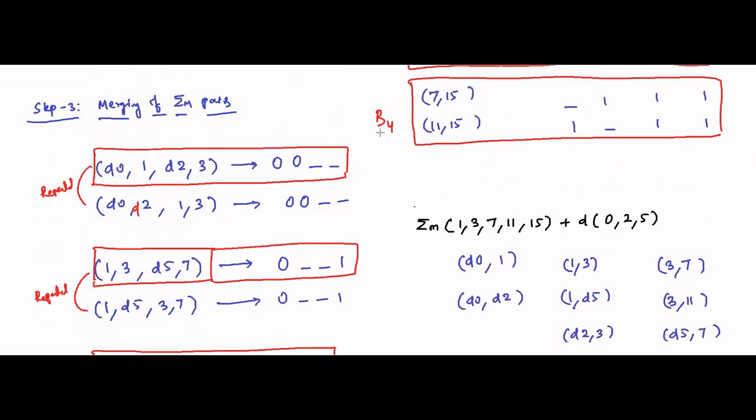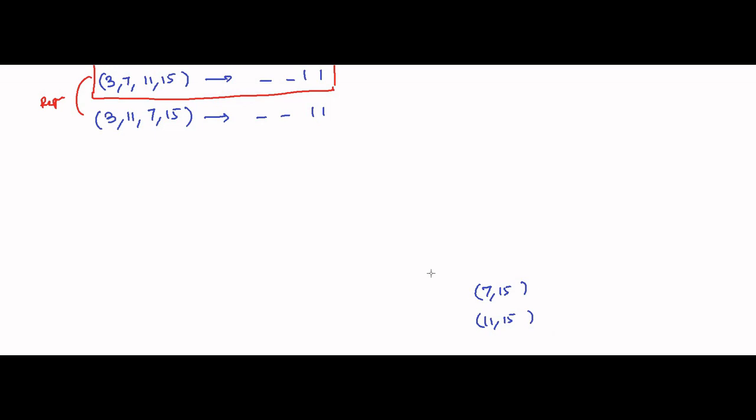Here 1 is present in D01, so 1 is check marked. 3 is present here, so it's check marked. 3, 7: 7 is present, check marked. Then 11 is present, check marked. Then we have this one here, we have missed out this one, 7, 15, 11, 15.